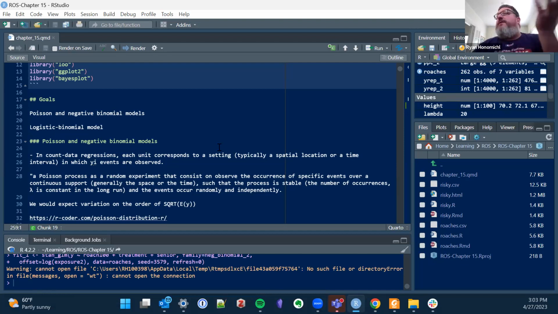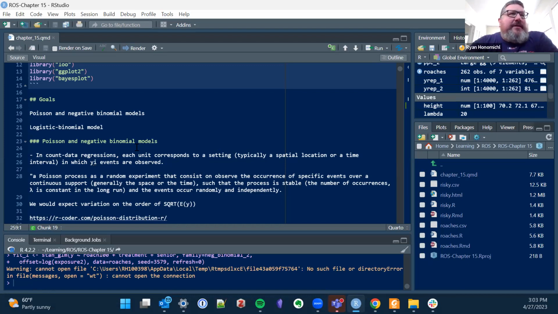For example, how many days somebody is on a ventilator. It could be 0, 1, or 10, and each of those days is a count. A lot of social scientists would just try to fit a linear regression on this, which would be incorrect. That's probably what we did back in the day.